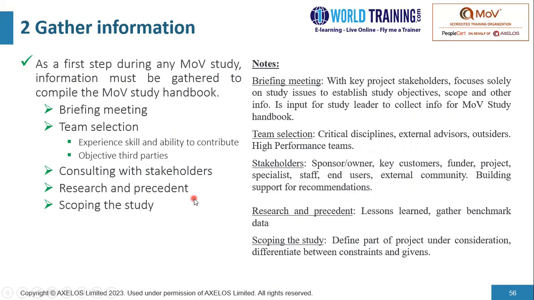Research and precedent. Lessons learned, gather benchmark data, and scoping the study, defining part of the project under consideration, differentiate between constraints and givens. These are some of the activities that we carry out as a part of gathering information.